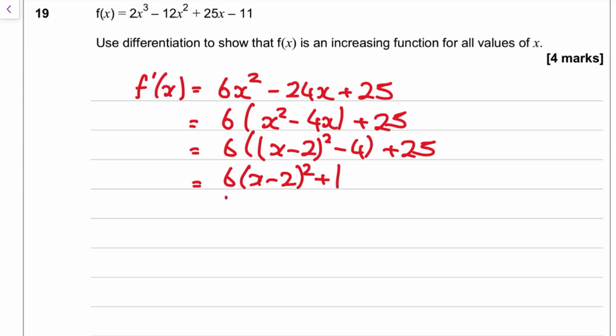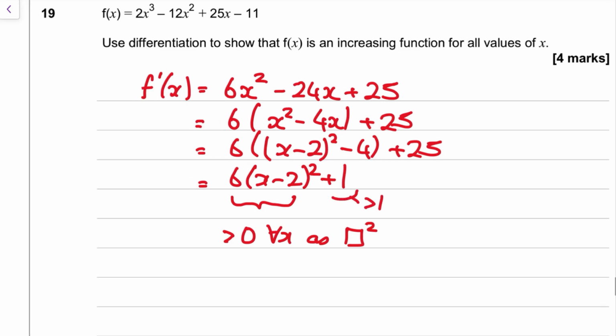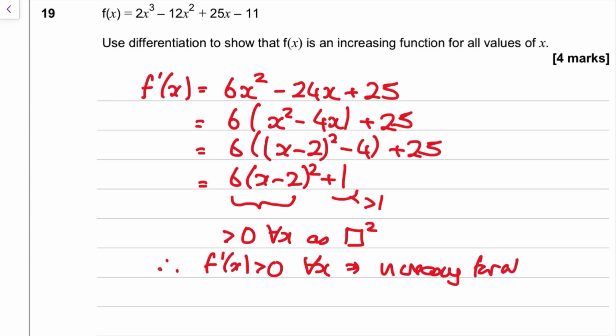And now I just need to say a convincing argument. This is greater than 0 for all x as it's something squared. I don't need to explain that at length. This is obviously greater than 0. So therefore, f of x is greater than 0 for all x, which implies increasing for all x. Is that it?